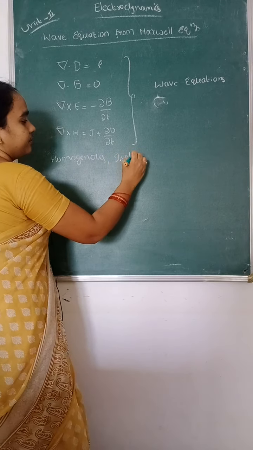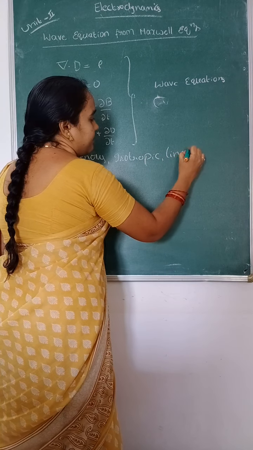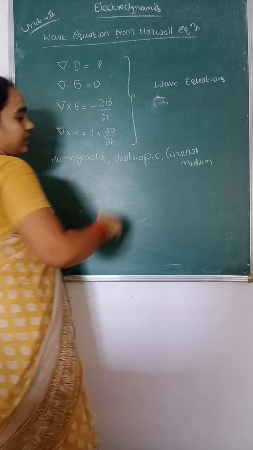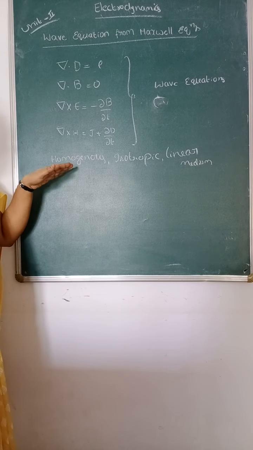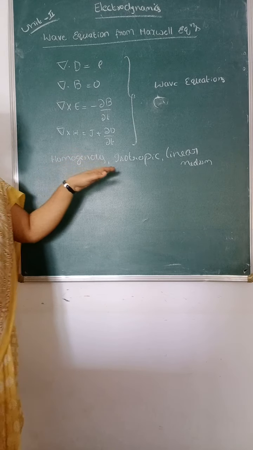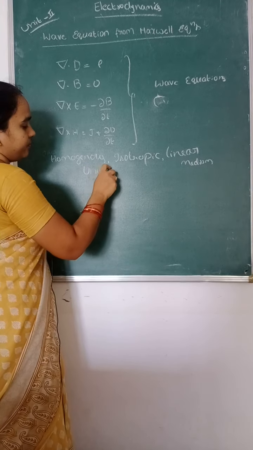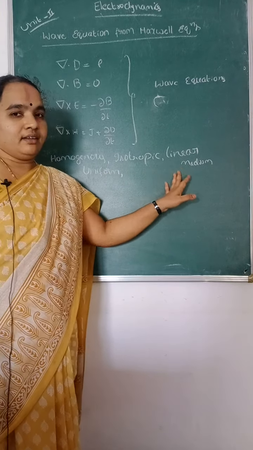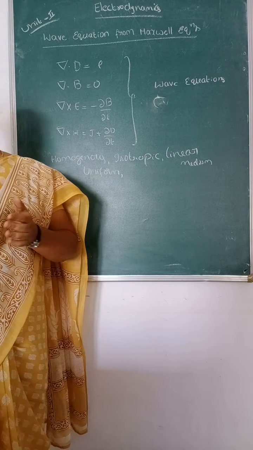isotropic, linear medium. The medium which is homogeneous, isotropic and uniformly arranged, a linear medium, we have taken for the purpose of deriving the wave equations from Maxwell's equations.